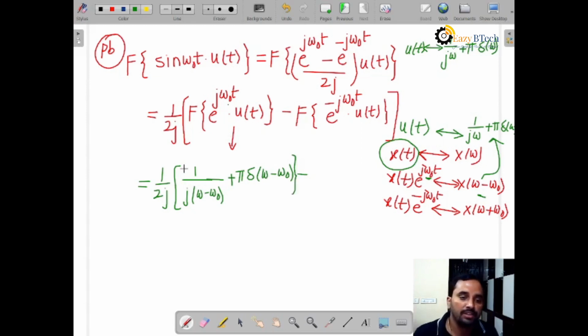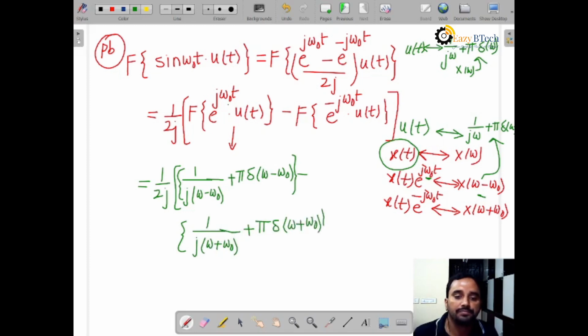I am keeping brackets for clarity. The second one, e power minus j omega naught t into u of t, gives X of omega plus omega naught. So minus 1 by j(omega plus omega naught) plus pi delta of omega plus omega naught. Close the bracket. This is the answer.